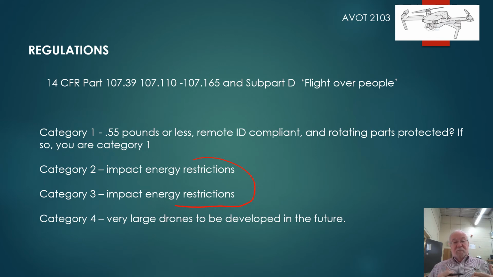Not our concern, and not on the test, of course, except that we can't do it. It's the manufacturer. Category 4 is for large drones to be developed in the future. Drones that need a minimum equipment list. It's for big drones carrying heavy loads of cargo, heavier than 55 pounds, basically. So that really hasn't been developed.